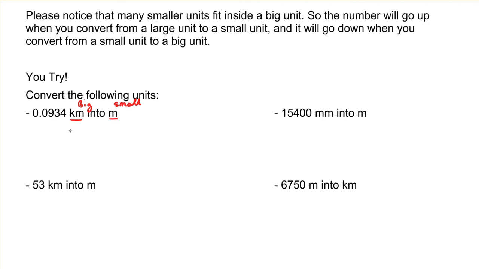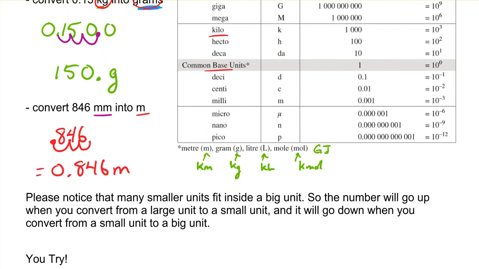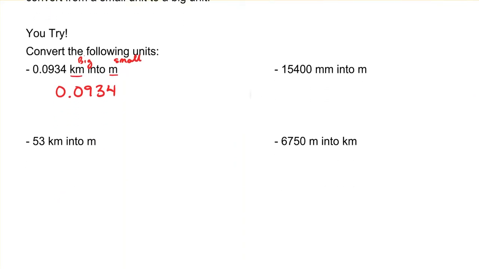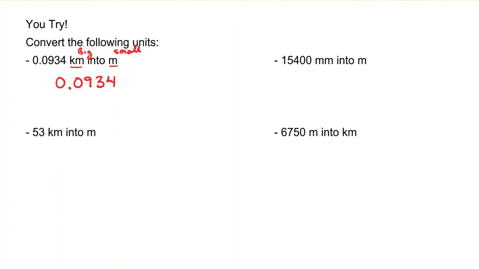Okay, so let's try 0.0934. And I've got to move the decimal. The difference between kilometer and our base unit is 3 steps. So I've got to move the decimal 3 times to make it bigger. 1, 2, 3. 93.4 meters.